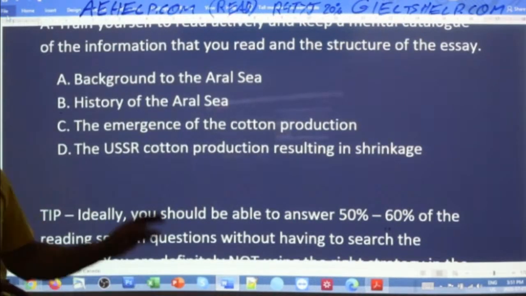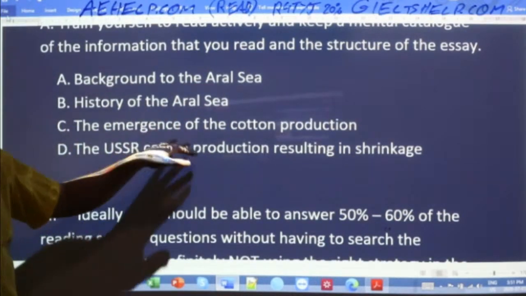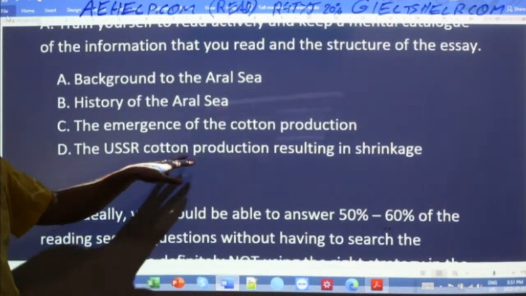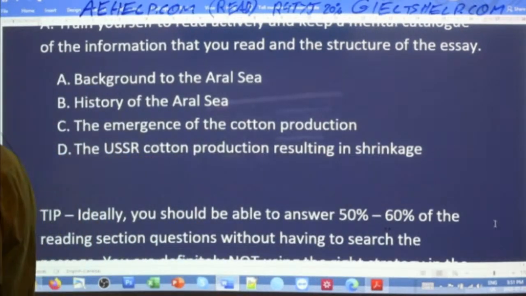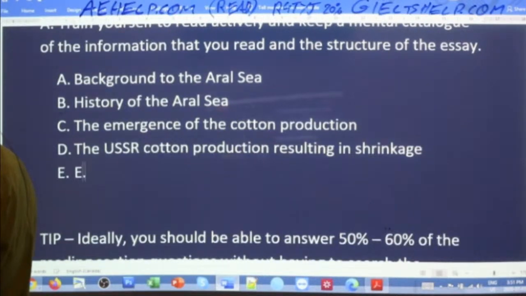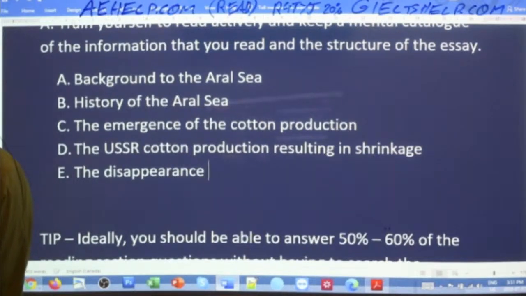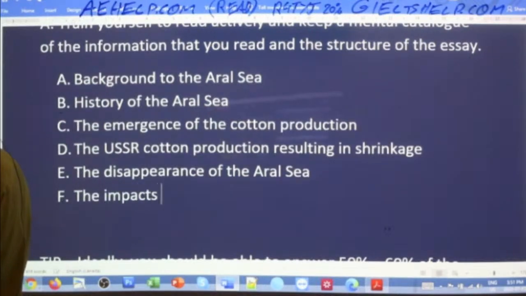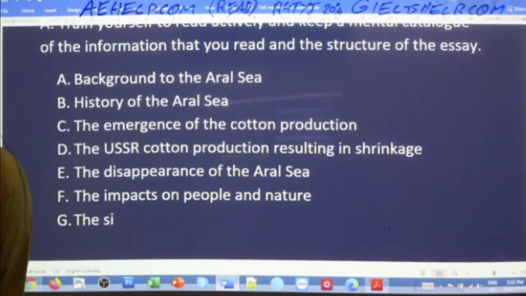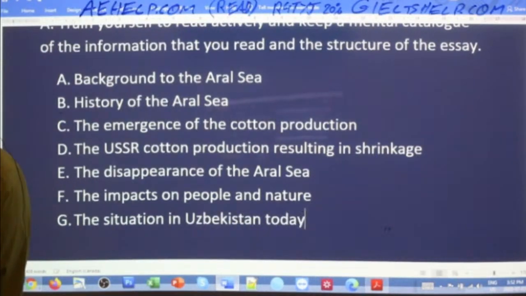Here, remember I said background to the Aral Sea, history of the Aral Sea, emergence of cotton production, USSR cotton production resulting in shrinkage, the disappearance of the Aral Sea, the impacts on people and nature, the situation in Uzbekistan today with cotton, and the question about the future.